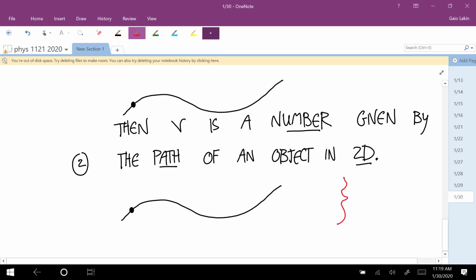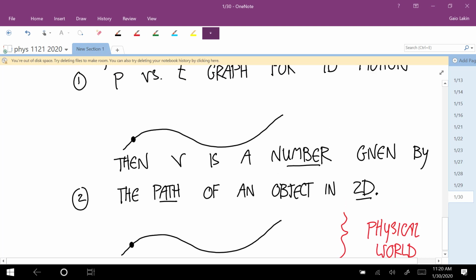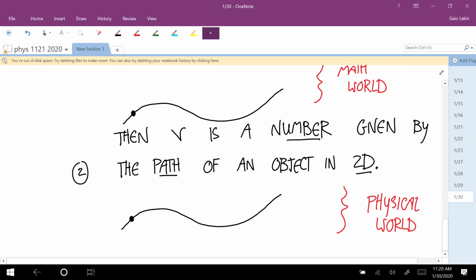So this is the physical world. This is math world. And in this case, the velocity vector looks like that.